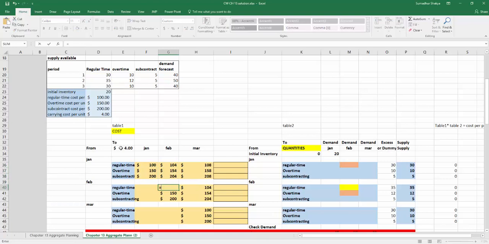And also, if you were to produce something in regular time, that would be the same as the regular time of January. So I'm going to copy this, Control C and Control V, equals to this one. So the regular time and overtime and subcontracting for any period that is current will stay the same.